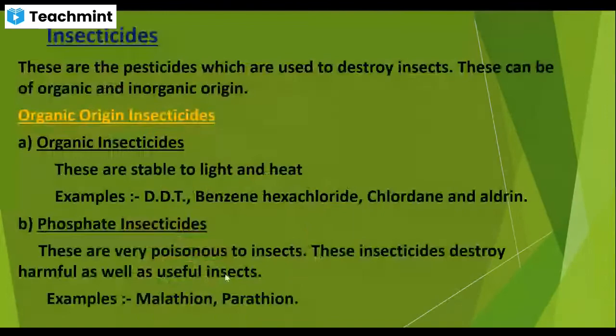Simply we can say that these organic and inorganic insecticides are useful for crop production, but DDT is banned nowadays. Malathion and parathion are both very poisonous to insects and they can kill useful as well as harmful insects. So it is better to use benzene hexachloride, chlordane and aldrin as insecticide, so it will not harm useful insects.